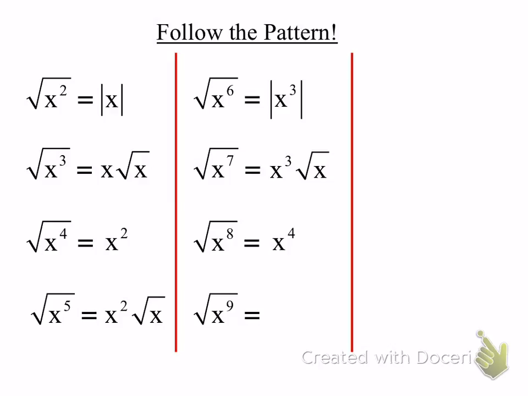So you tell me, why am I putting it here and here, but not here and here? I have a question. Nicholas? Because the odd ones, if you have a negative number, it'll just stay negative, but you need to be positive, so it's absolute value. Right. So when is it absolute value? When do we use that absolute value symbol?